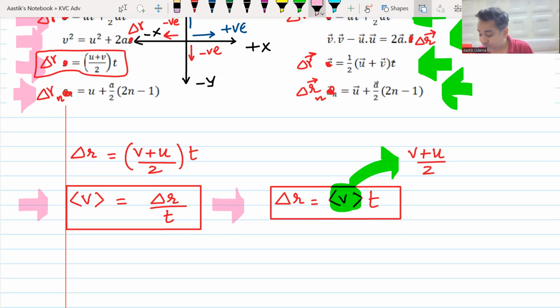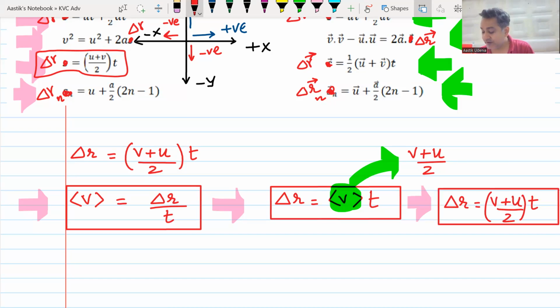Therefore, I have this formula. It comes like this: my displacement delta R becomes (V plus U) by 2 multiplied by time, and this formula gives us very quick results in some very particular cases.